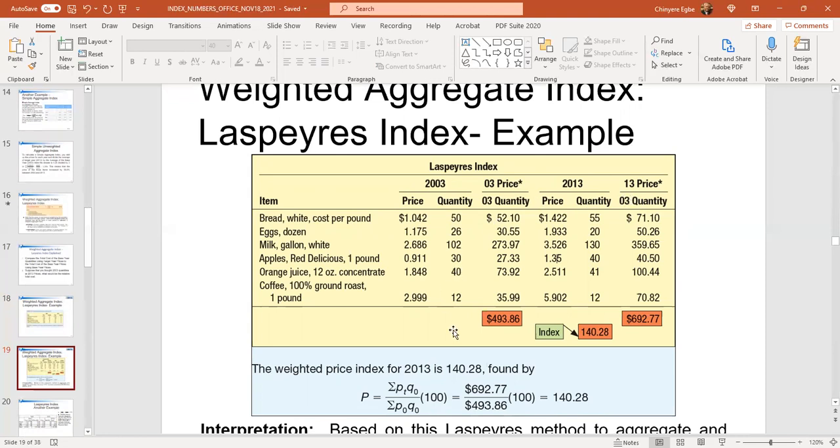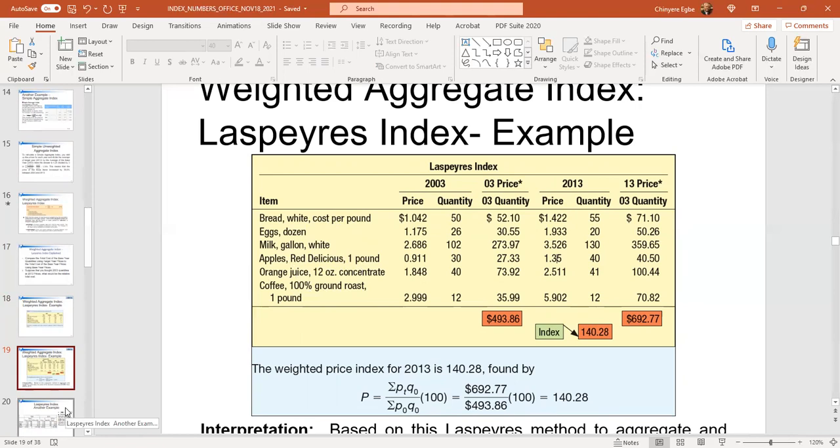So if you consume 1 pound of beef in 2003 and consume the same pound of beef in 2013, how much more would it cost you? Now, the difference here is that we are looking at different goods. And so we try to get an aggregate weighted index. So if you consume this same combination of goods in 2013, at the prices of 2013, how much more would it cost you?